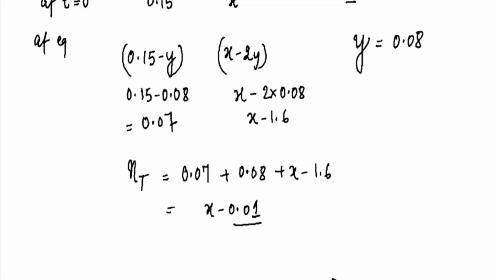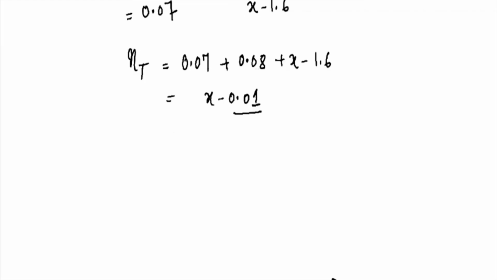Now to find out the value of X, we will use the ideal gas equation. So it is PV equals nRT, right? And NT we will calculate from this equation, which will be equal to PV upon RT.